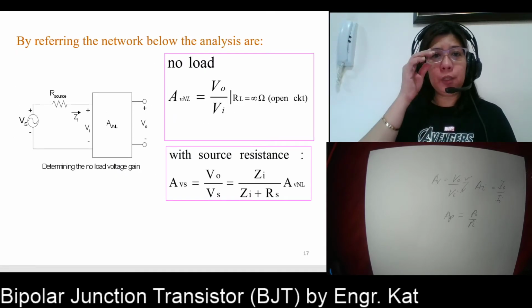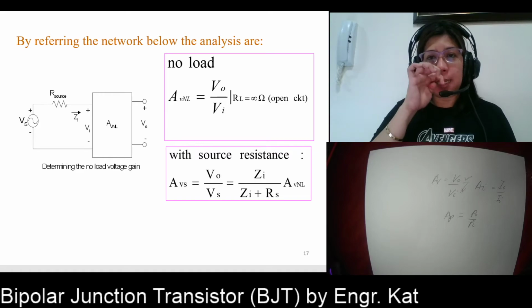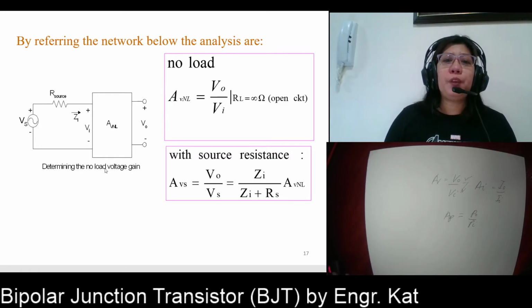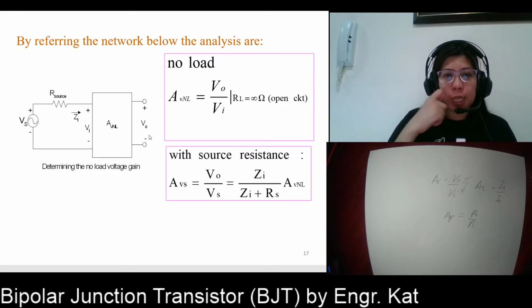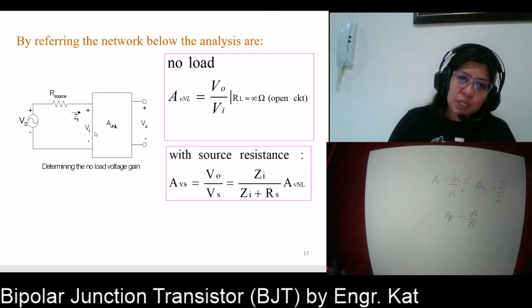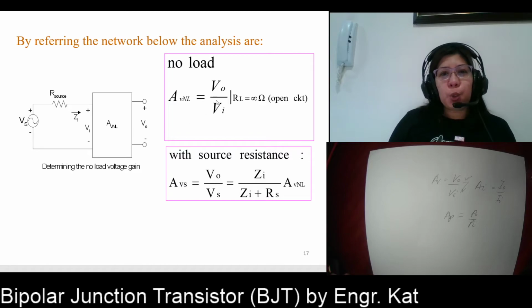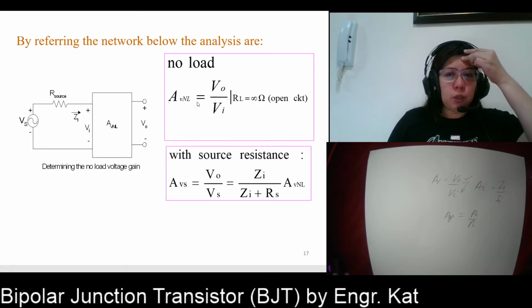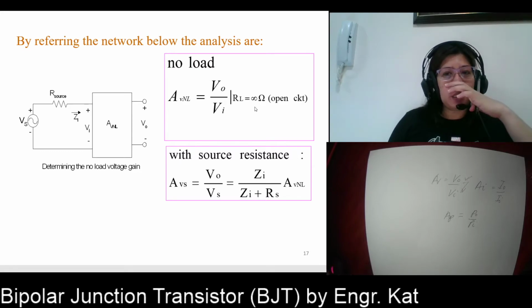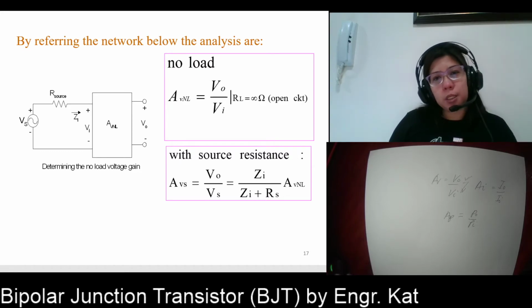By referring to the network below, if you have no load here, no RL, this is just an open circuit. You just measure the output voltage and this is your input voltage. So this is the voltage gain at no load, when your RL is infinite or open circuit. This is simply VO over VI.